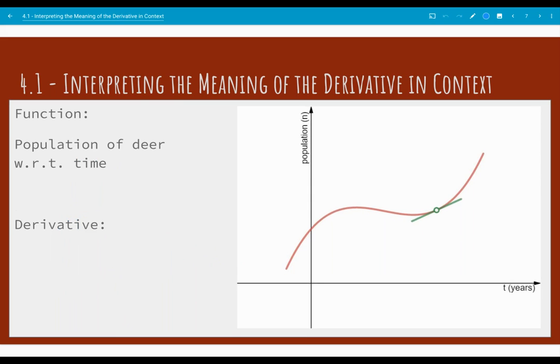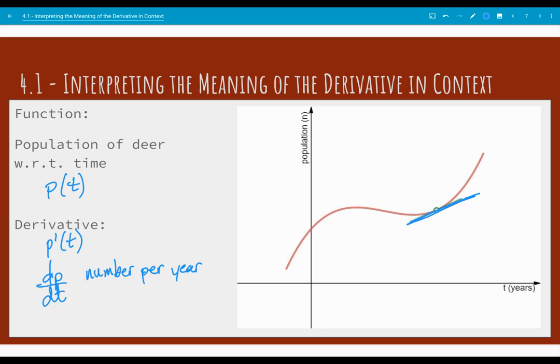We might see a population graph. So population of deer, so just the number of deer, given in years. On any given year, we can see what the population of deer is in, say, a particular forest or something. Then the derivative, p prime of t or dp dt, is going to tell us how fast the number of deer is changing per year.